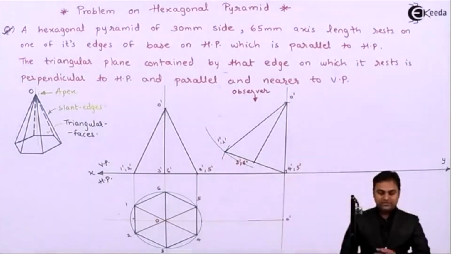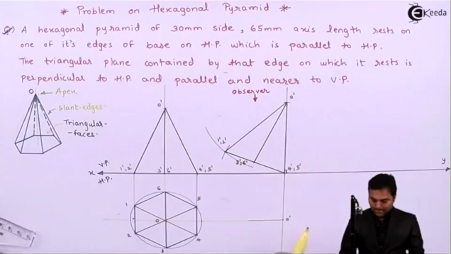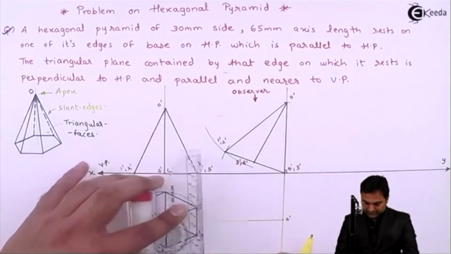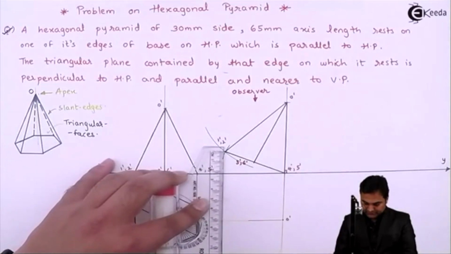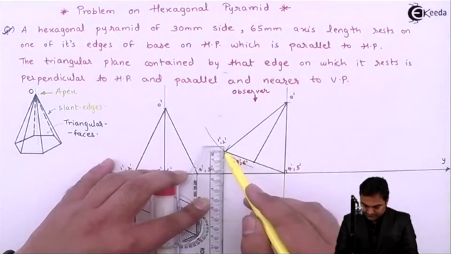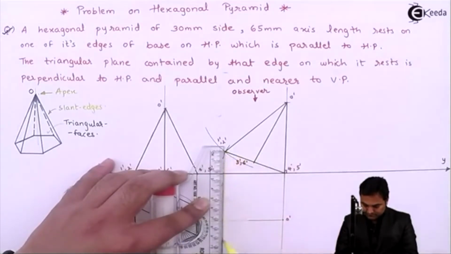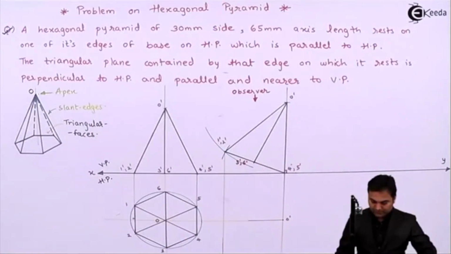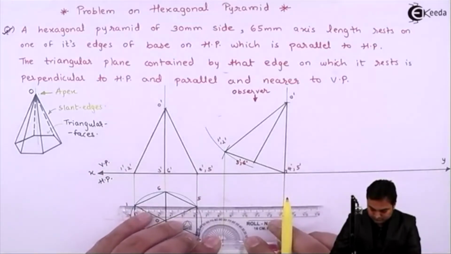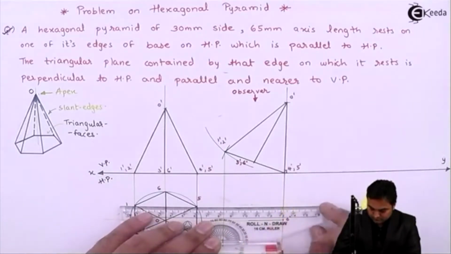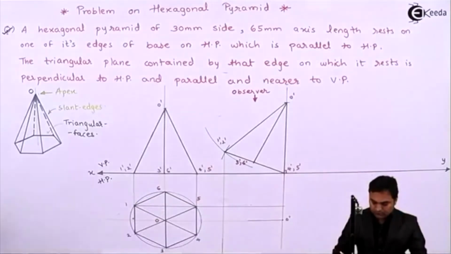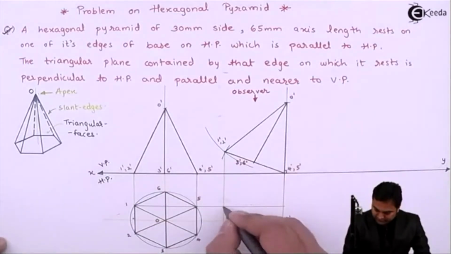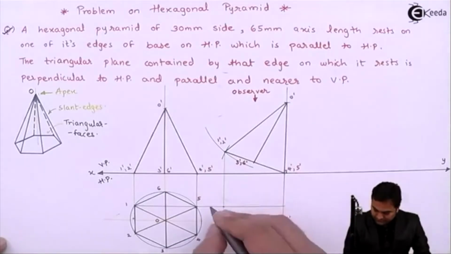Next 1 dash 2 dash will be projected vertically downwards onto the same line with a light line. Next I'll project point 1. So this gives me 1 dash, and 1 wherever they intersect, that is point 1.